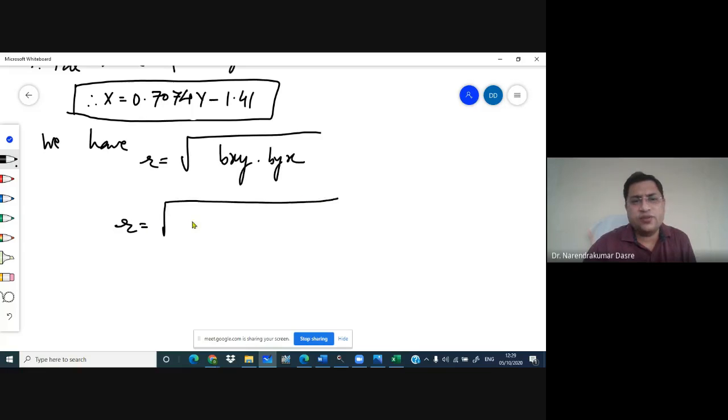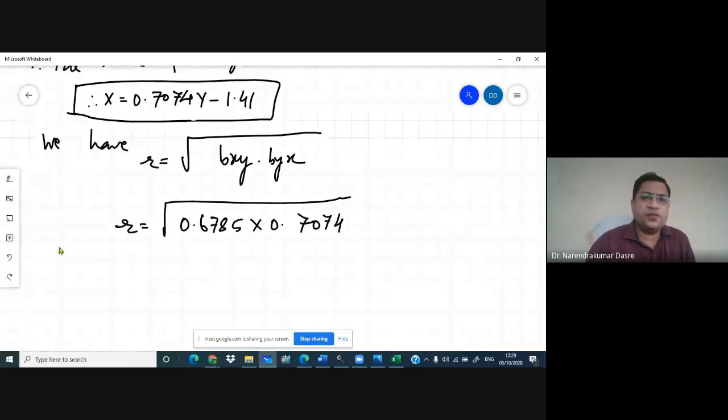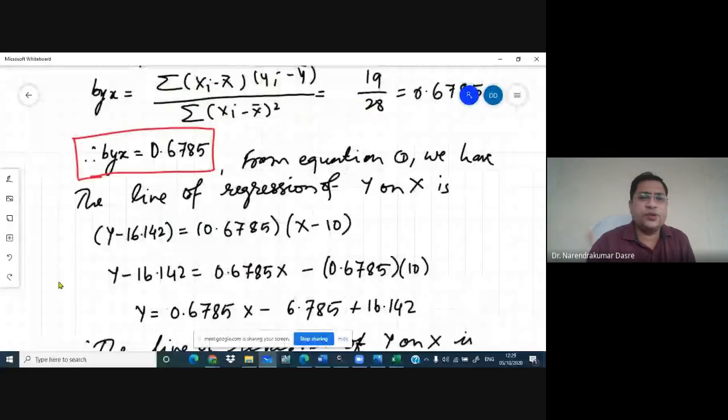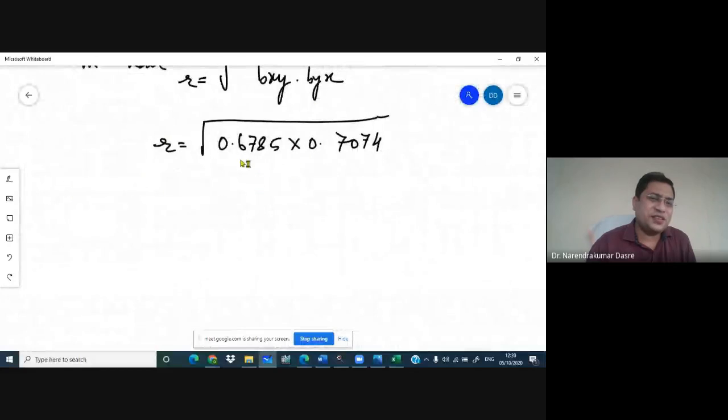So here we have 0.6785 into 0.7074. Now we calculate this value. Please calculate up to 4 digits.